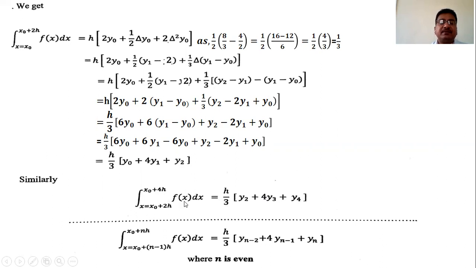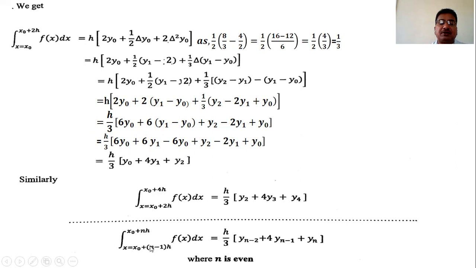The next two intervals are x naught plus 4h to x naught plus 6h. And the answer is the integral of f(x) dx equals h by 3 times (y4 plus 4y5 plus y6). So in this way, we get the integration over the last two intervals.